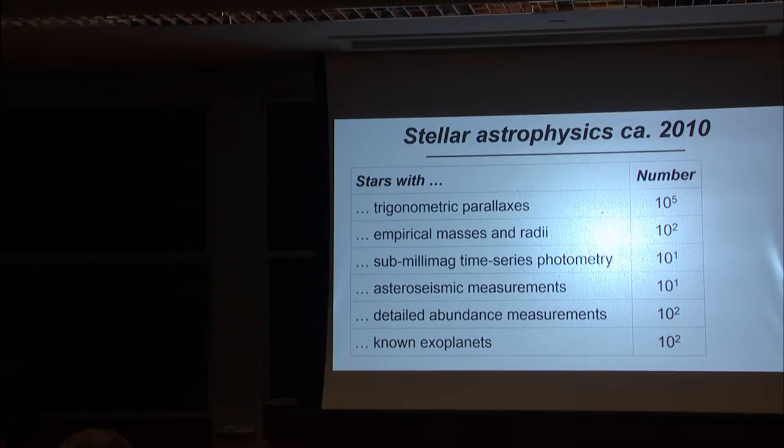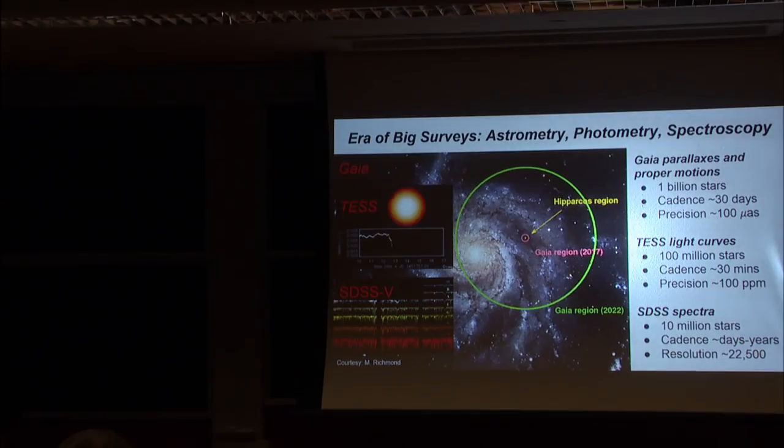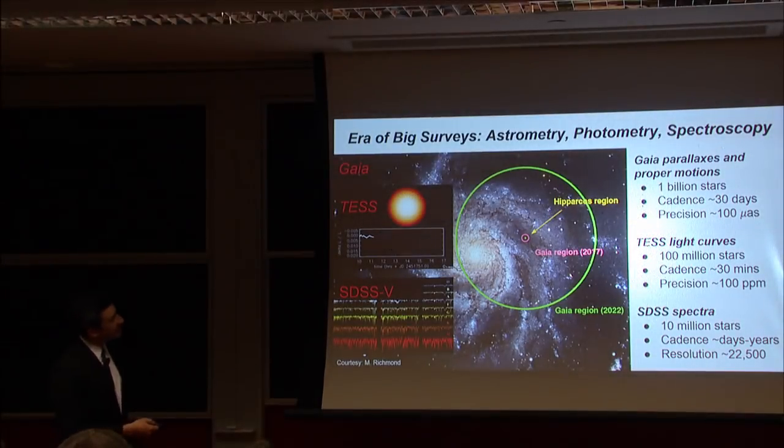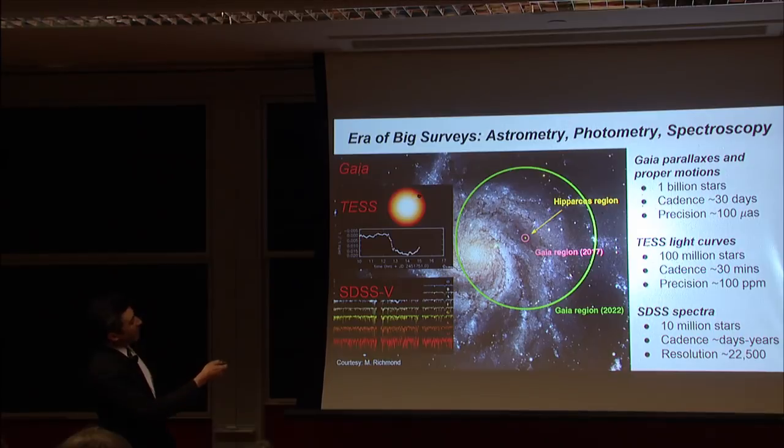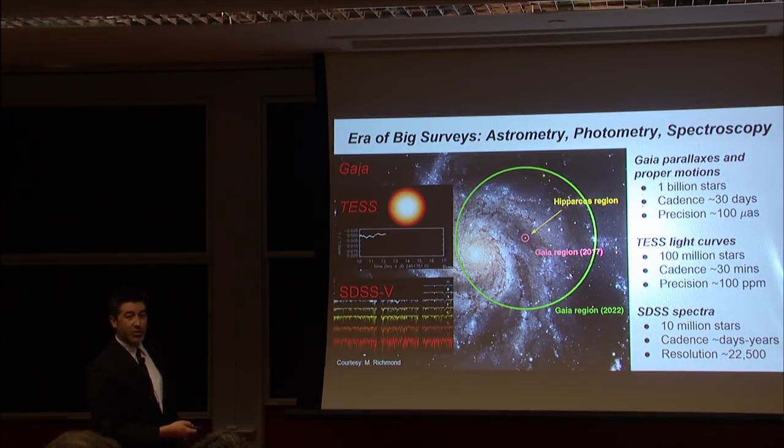And we're now entering this new era that I'm very excited about, where Hipparcos gave us that region of the galaxy, and the first Gaia data release got us that region of the galaxy. By the end of the Gaia mission, we basically will have parallaxes and proper motions for, if we were looking at the Milky Way from above, this half of the galaxy.